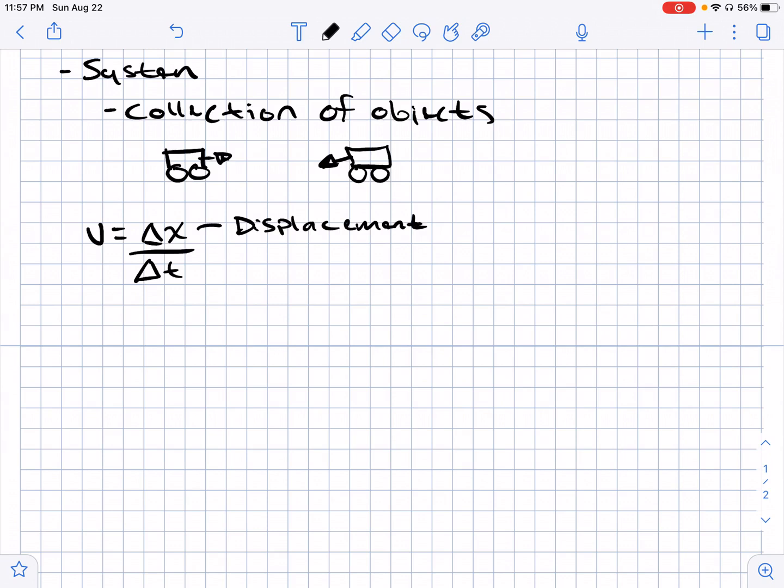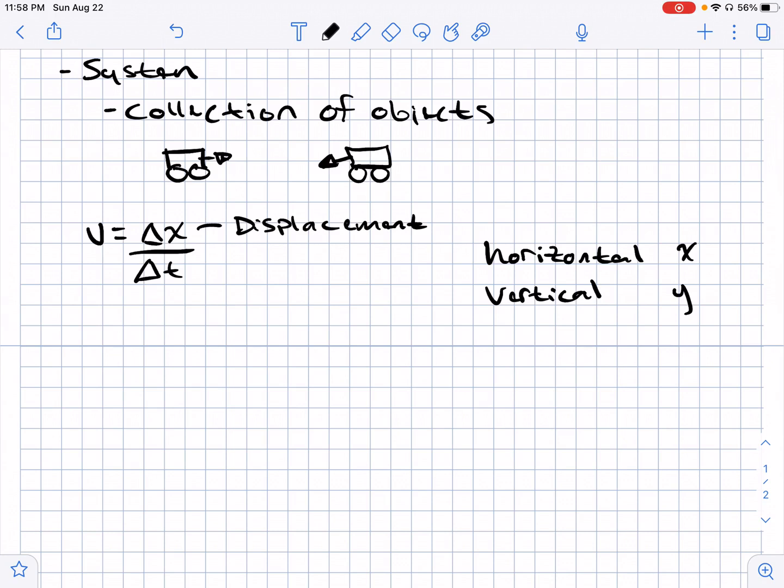And so an object's change in position could be vertical or horizontal, like the bowling ball that was horizontal, and in that case we used an X. Okay, so if it's horizontal, then we would use an X. If it's vertical, then we'll use a Y. For example, if I throw a ball up in the air, then the change in position is a vertical change, so I would just have a Y instead of an X. Okay, so we can interchange the X and Y depending on if it's a horizontal motion or a vertical motion.